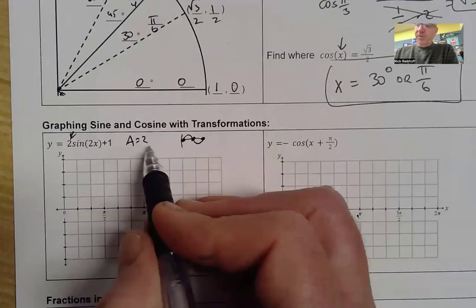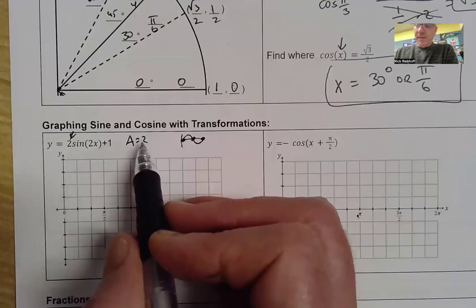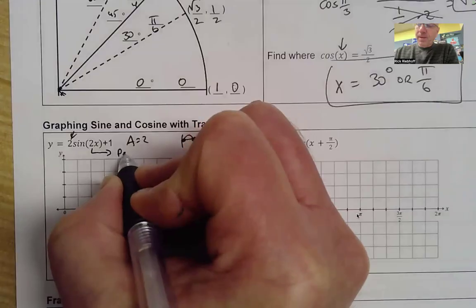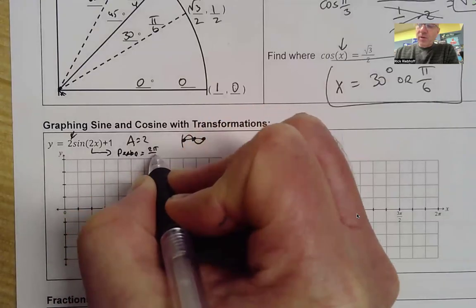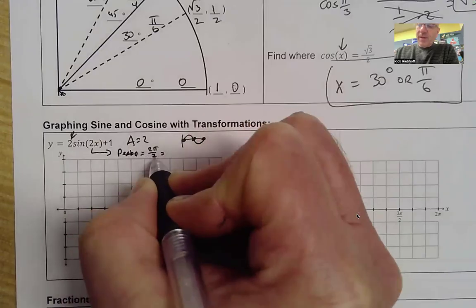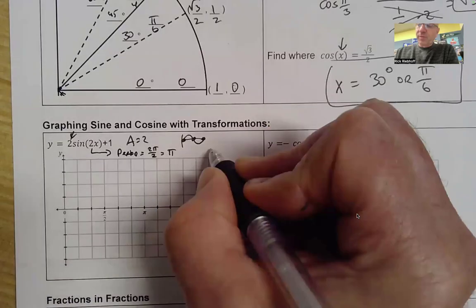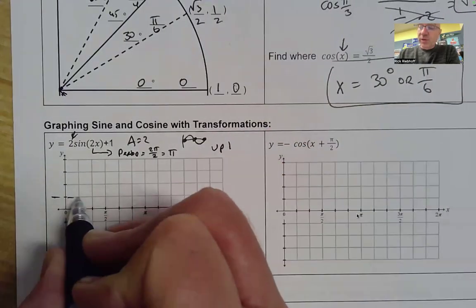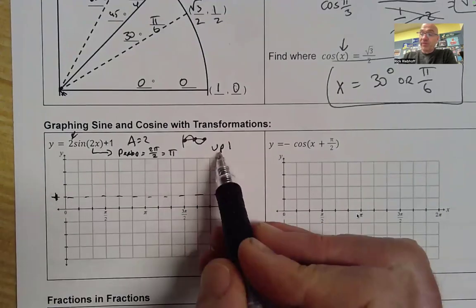Its amplitude is 2, so instead of going to 1, it goes 2 above the midline. 2x here means my period is equal to 2 pi over b, so my period is going to be pi. And this last thing means we're moving everything up 1, so my new midline is going to be at 1.